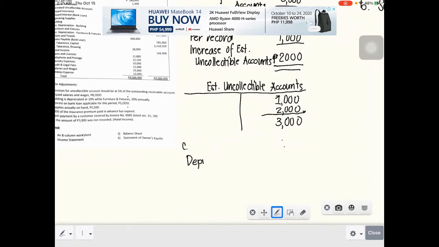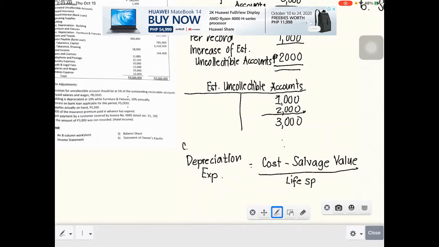So that is depreciation expense is computed cost minus salvage value or scrap value divided by lifespan or the life of the asset. This is the usual formula.